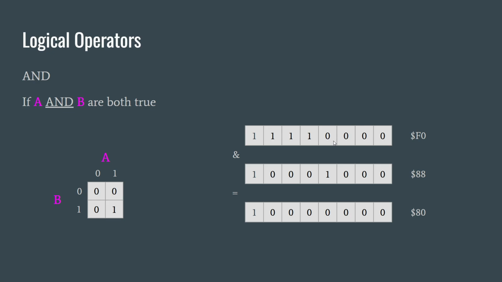So in the accumulator, we had F0. And F0 is represented as 1111, that's F, and 0 is 0000. Then in our RAM address, we had address 88. And the conversion to binary is 1000 1000 for 88.